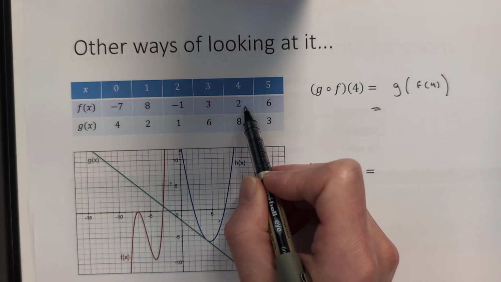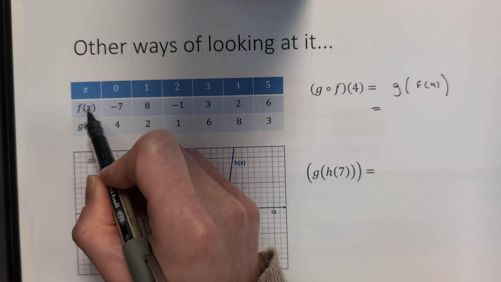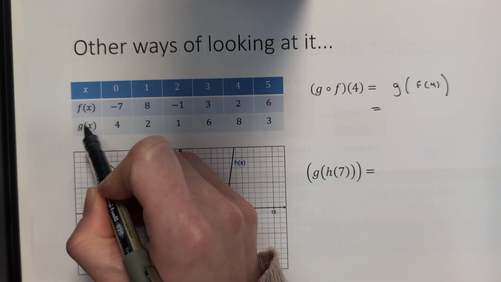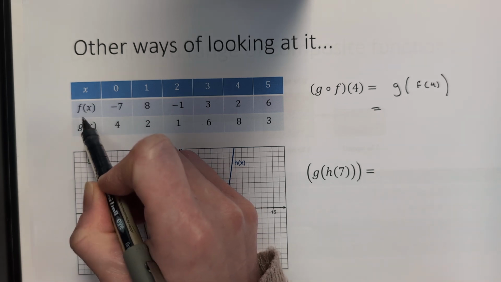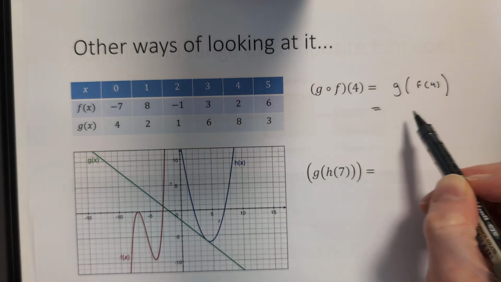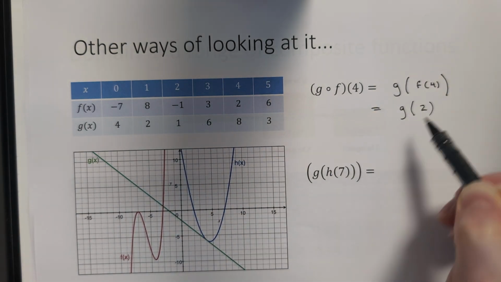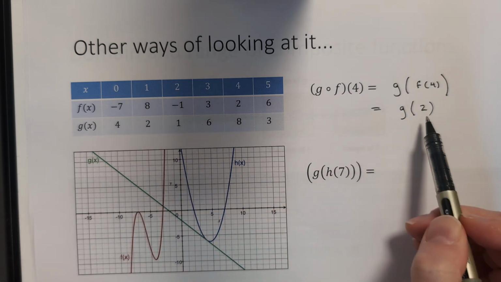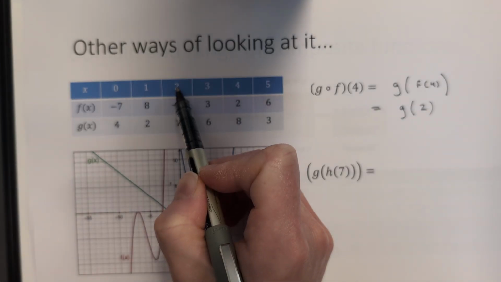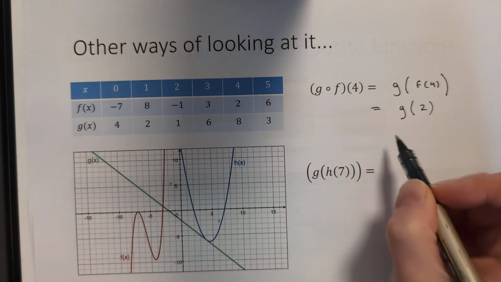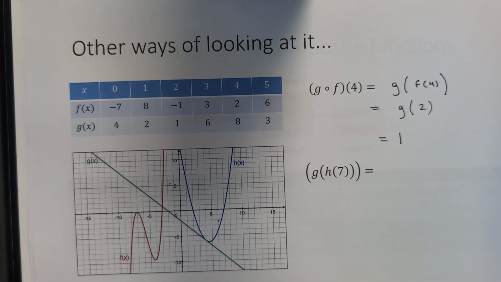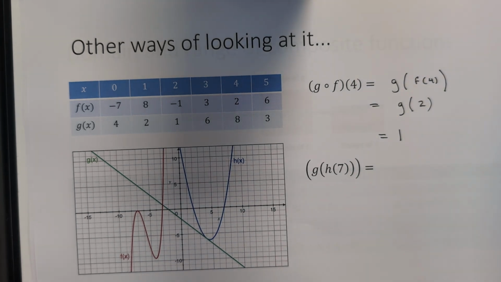This is the output in the table, kind of like saying, well, here's x and here's y. But because you've defined these as different letters, it's a little bit easier to write which function goes where. So the output of f of 4 is 2. And then I could say, okay, well, if I put 2 into g, here's x is now 2, here's g, I get out 1. So you could look at it that way as this input-output machine.